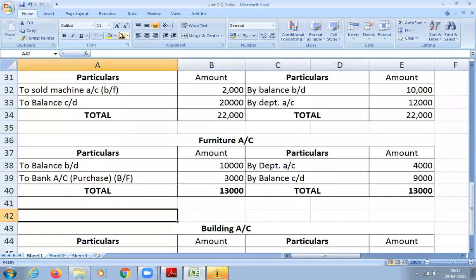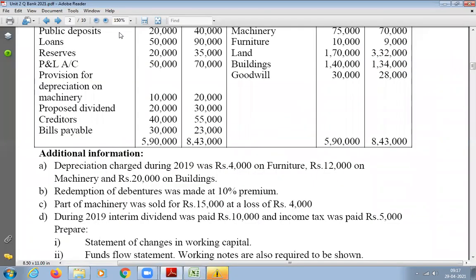Next, now look at the building. Is there any hidden transaction in building? So 1,40,000 is the opening balance, closing balance 1,34,000. So how much is the difference? 6,000. Have they given any depreciation for building? Yes, sir. How much? 20,000.